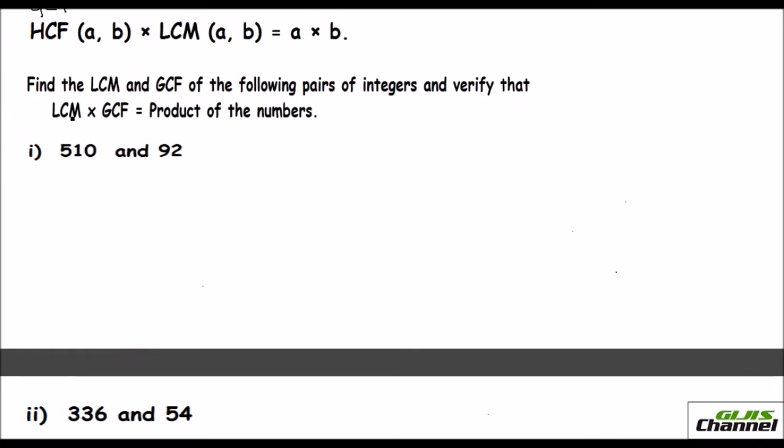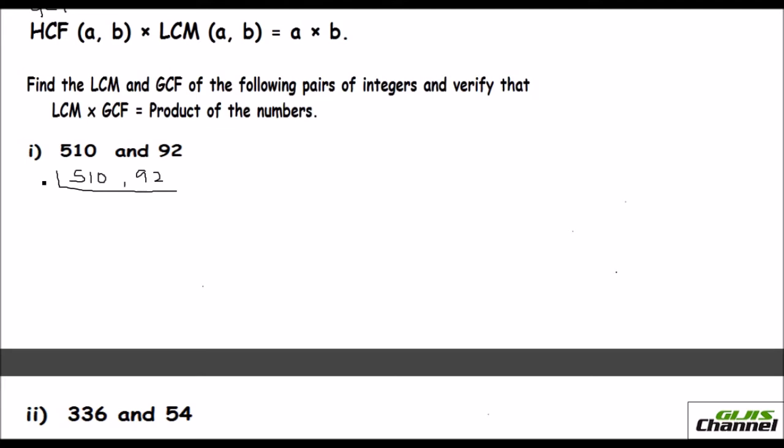So here they've asked you, find the LCM and GCF of the following pairs of integers and verify that LCM times GCF is equal to the product of the two numbers. So we need to find the LCM and GCF first. Let me divide them in step ladder method. I take the numbers 510 and 92 and start dividing with a common factor.